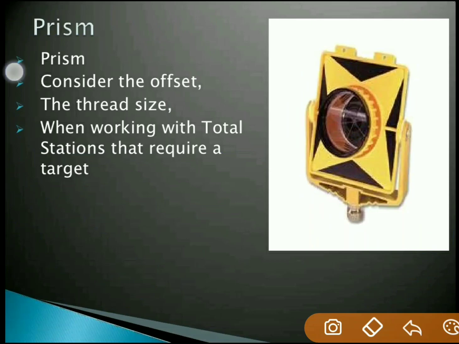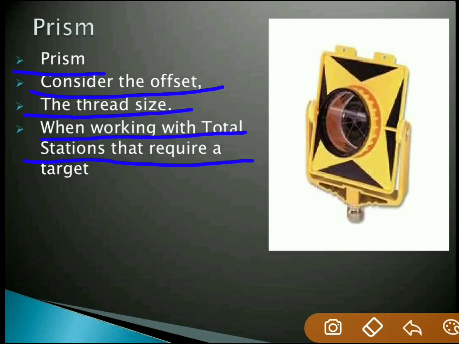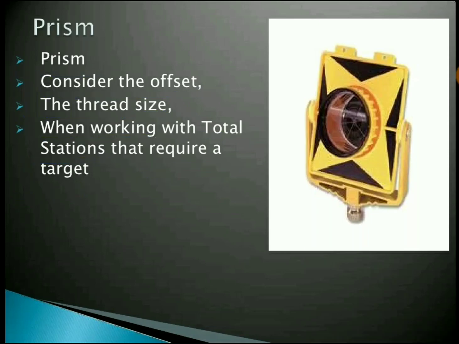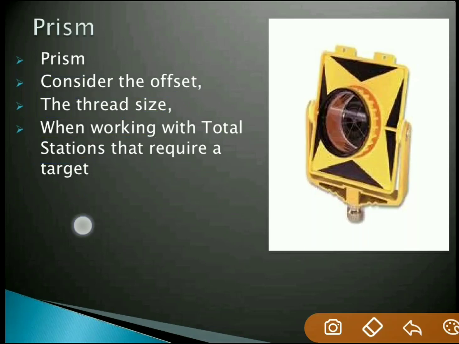Look here, the prism considers the offset and the thread size. When working with the total station, they require a target. For example, I'm putting my total station, my instrument, here. Here I'm using one stereo rod and we have fixed the prism on this rod.